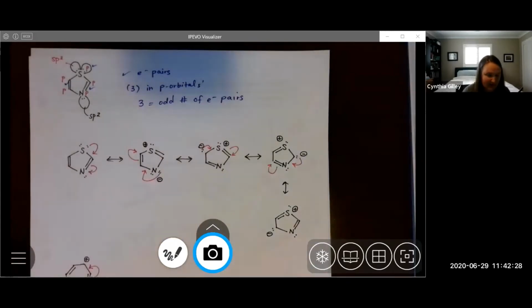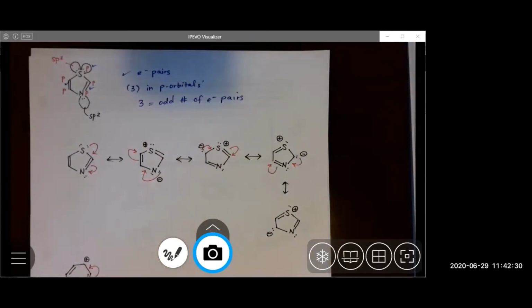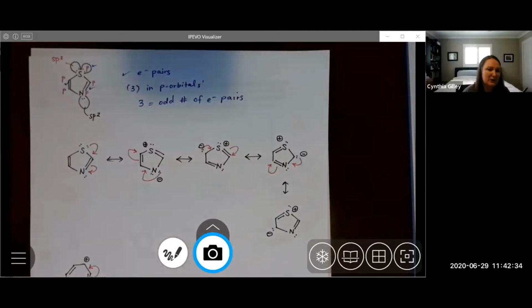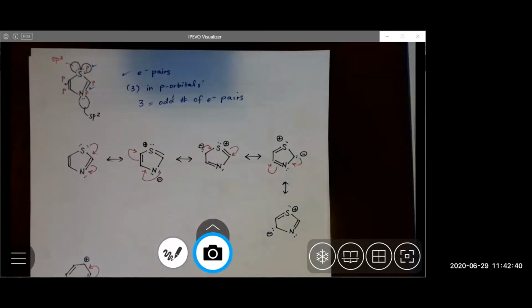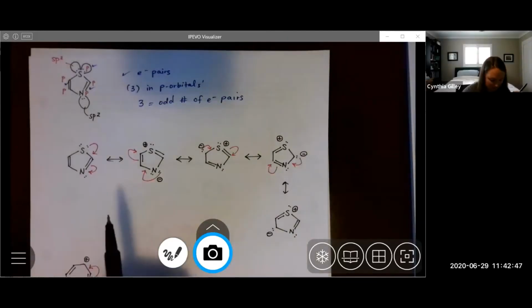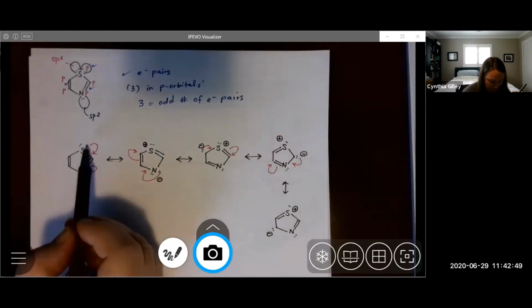So the way to calculate formal charge is we take the number of valence electrons, subtract the number of assigned electrons. So like oxygen, sulfur is in the same column, so it has 6 valence electrons. Subtract the number of assigned electrons, so 1, 2, 3, 4, 5, 6.